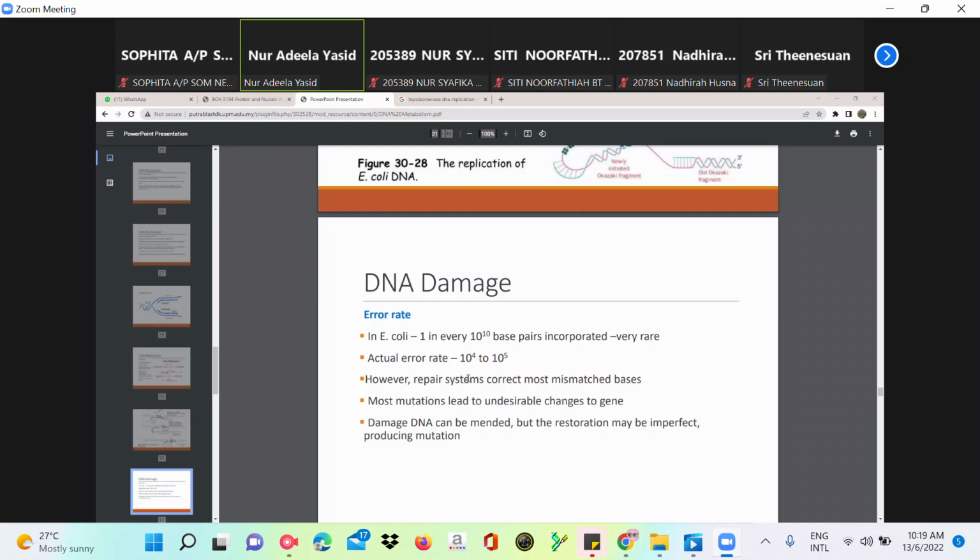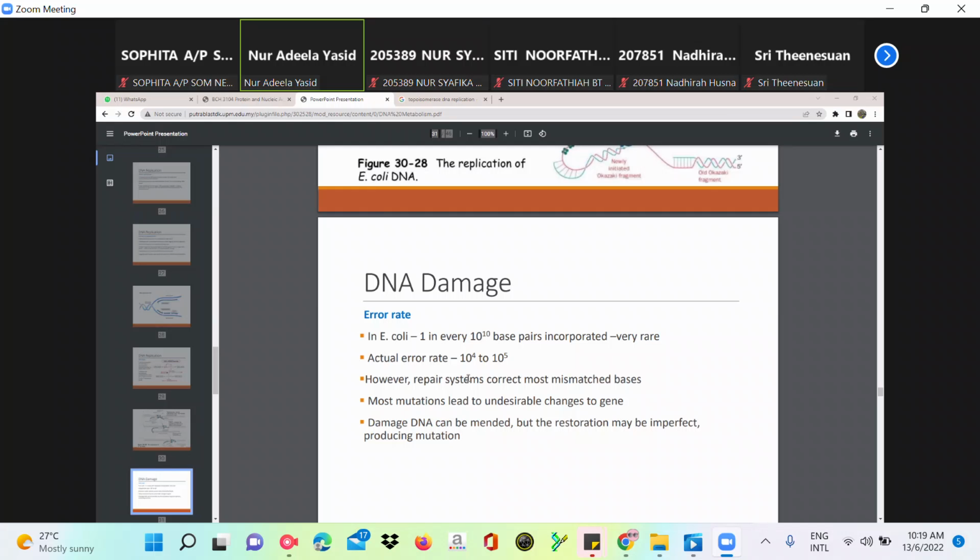It is very rare that there is incorporation of a wrong new nucleotide. Even addition of one nucleotide to the sequence is very rare.